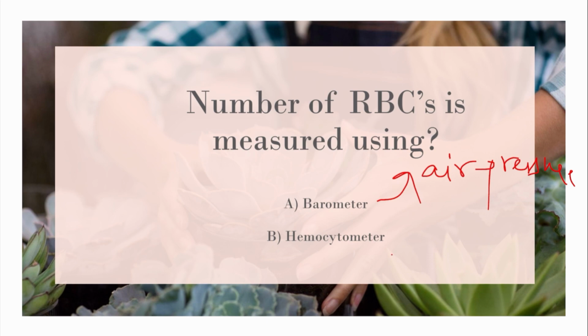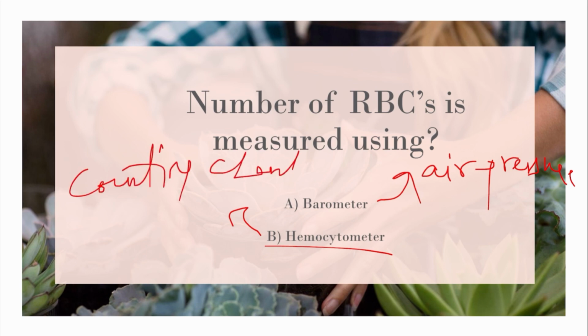What is a hemocytometer? A hemocytometer is a counting chamber. It's basically like a thick, rectangular slide chamber device, originally designed and used for counting blood cells with the microscope.